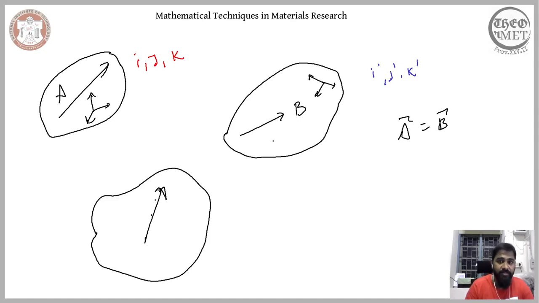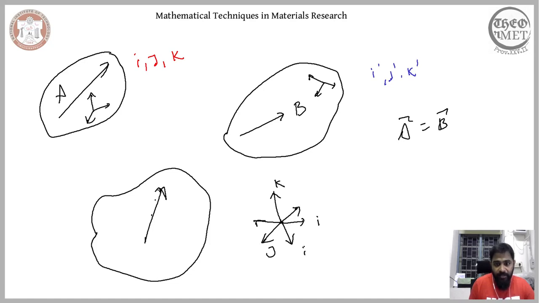In order to achieve that, I'm rotating the coordinate system that pertains to our B space. Now if I draw my coordinate system alone, my original I, J and K will look something like this. And since my I prime, J prime and K prime are rotated, they might look something like this. These are rotated planes.